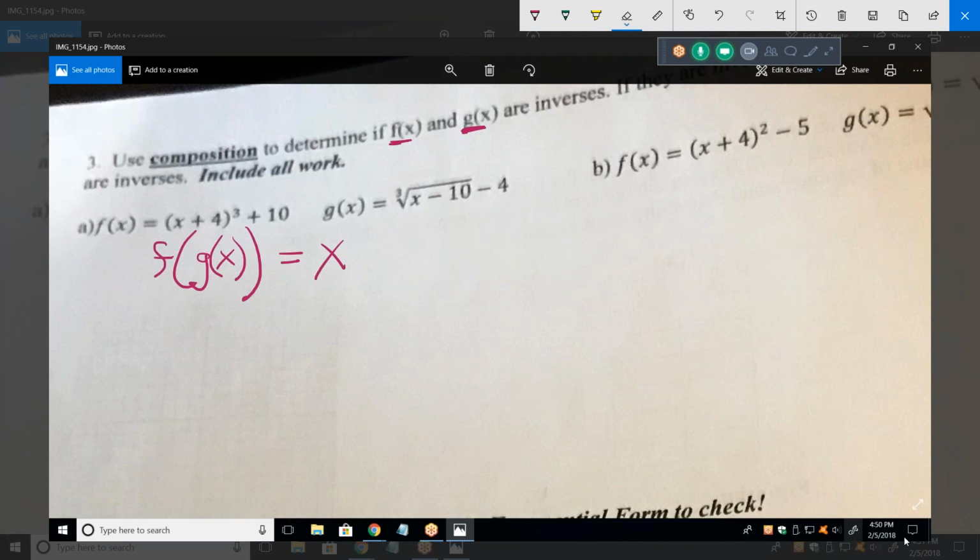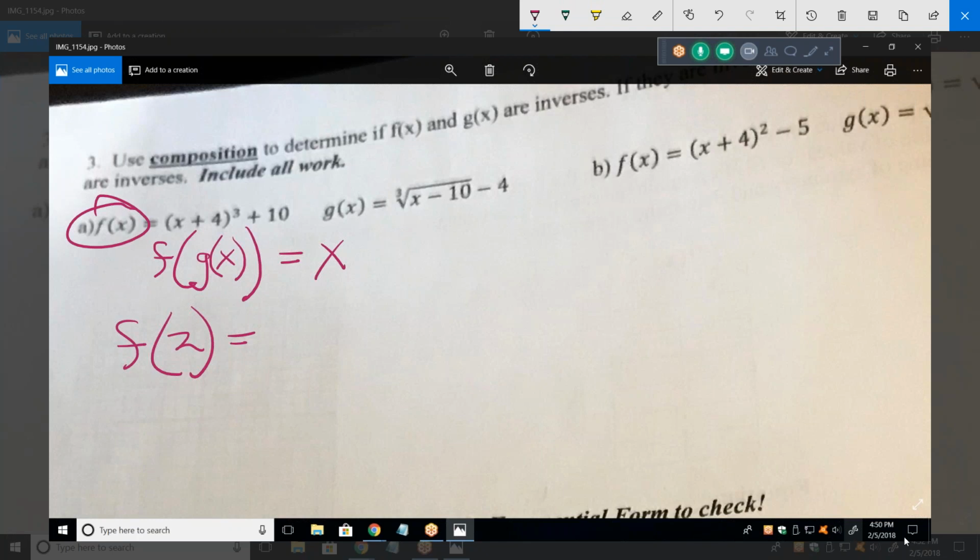Now, let's talk about what that means. If I said to you, what is f of 2? What would you do? Here's the f function. What's f of 2? Would you put 2 in the equation? Where?